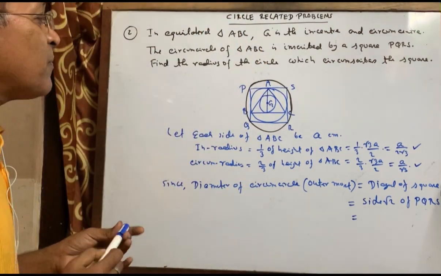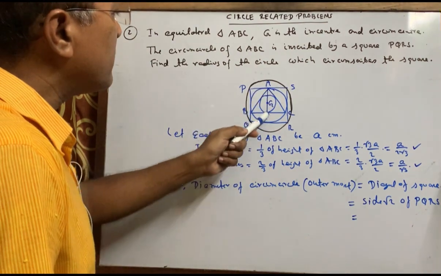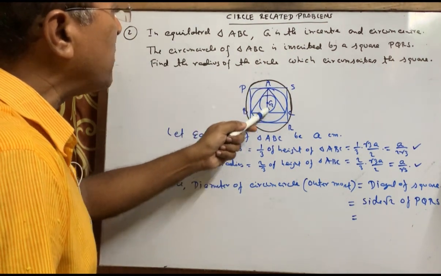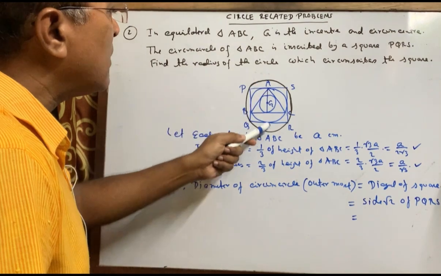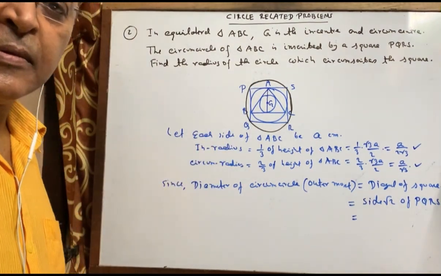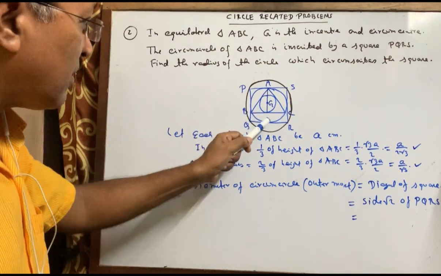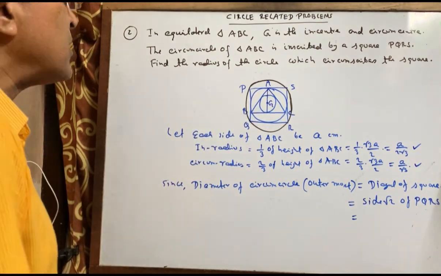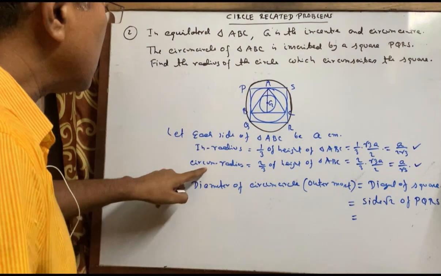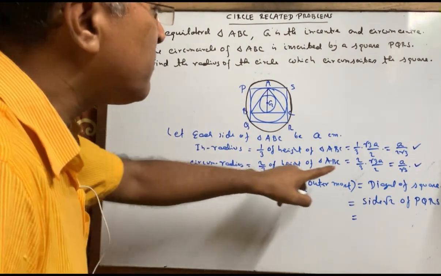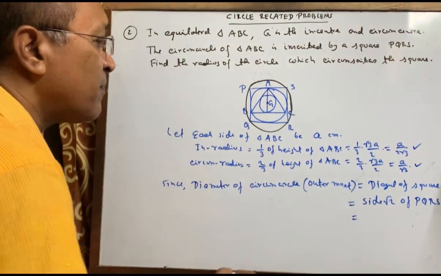Okay. Each side of PQRS is the diameter of this circumcircle. What is diameter of circumcircle? Circumradius is a by root 3.